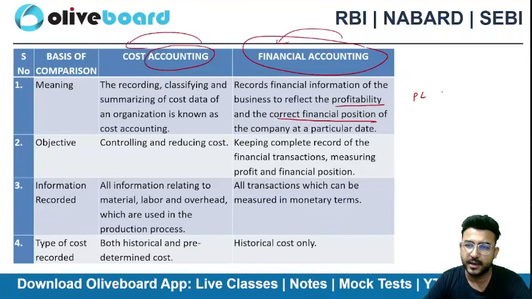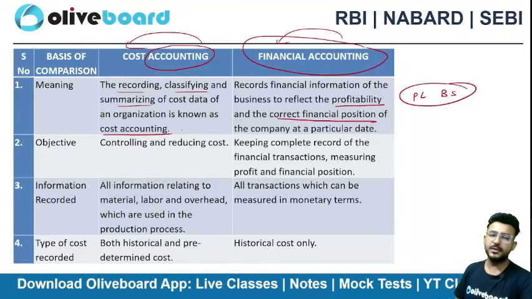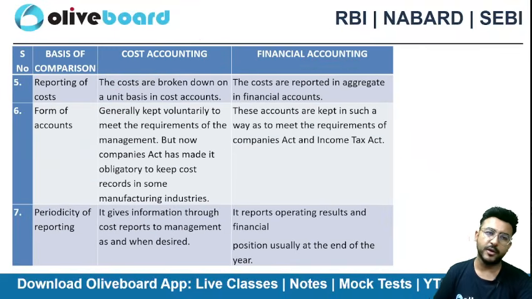So P&L account, balance sheet, profit and loss is the whole objective. Whereas in cost accounting, we are concerned about recording, classifying, summarizing the cost accounting data only. Not each and every data.